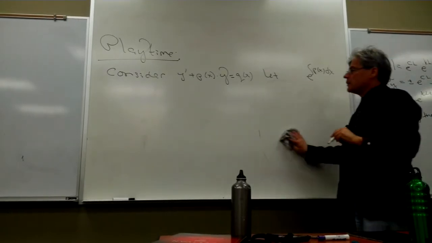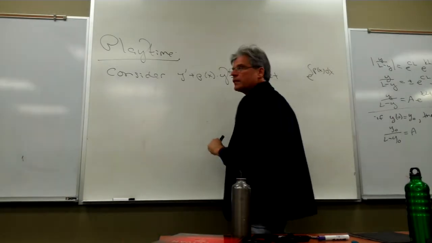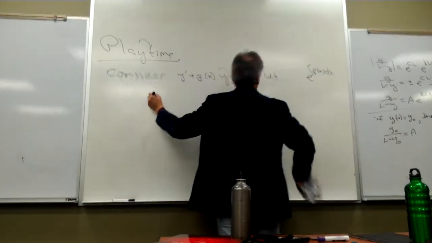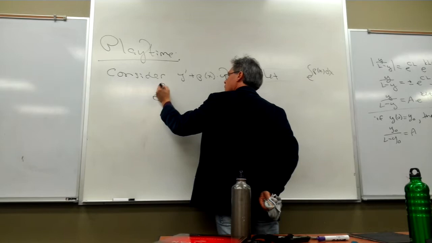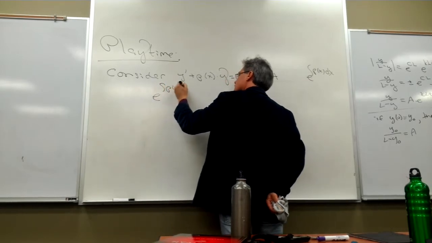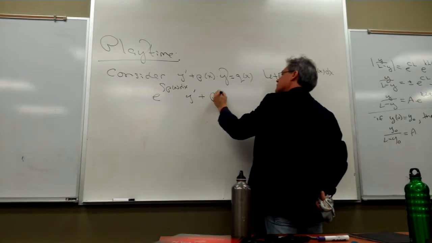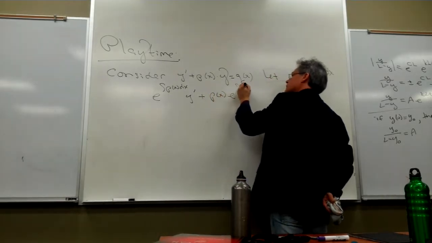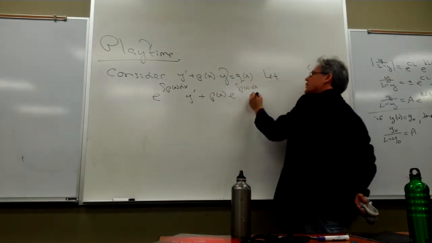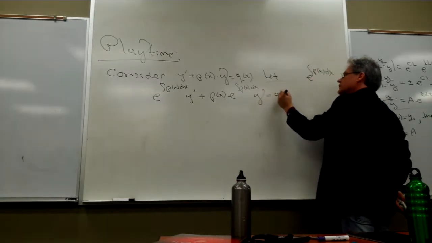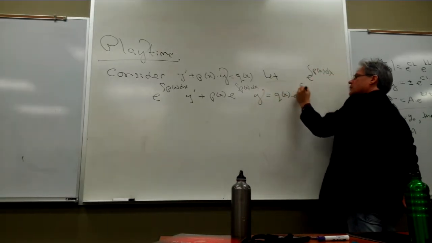And if I dive in and multiply both sides by that beast, here's what I get: e raised to the integral of p(x) dx times y prime plus p(x) times e to the integral of p(x) times y being equal to q(x) times e to the integral of p(x).